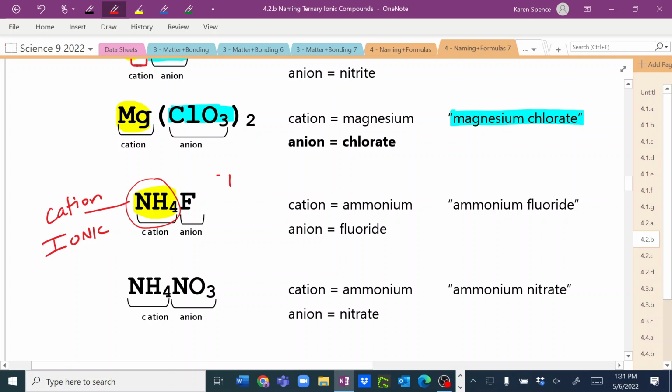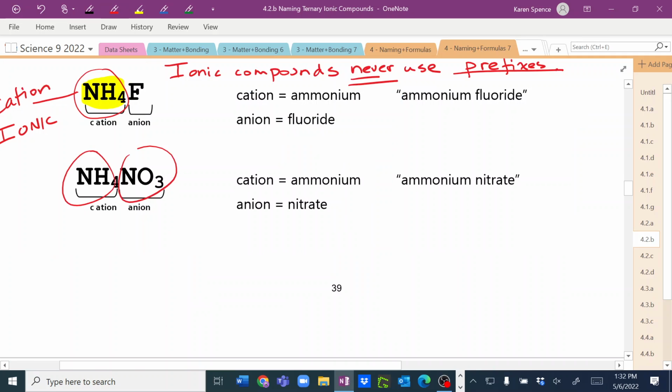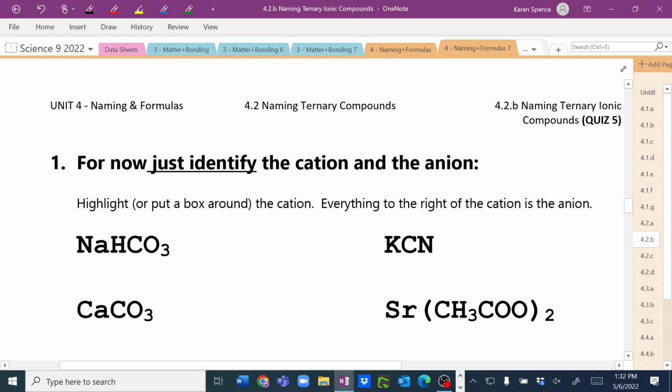So what I'm going to get you to do is page 40. On this page, you do not need to name it. Do not name on this page. You are just going to say, who is my cation?